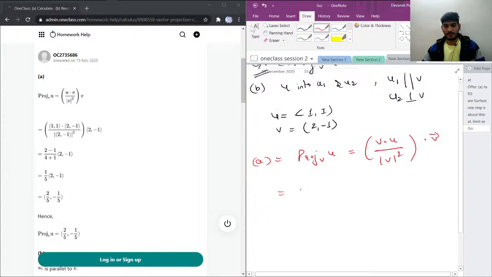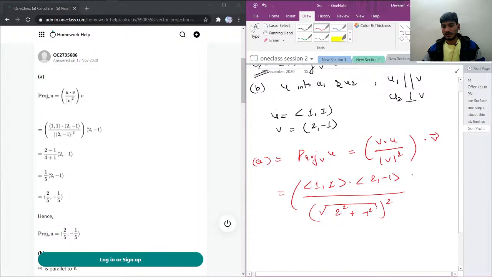So here we'll have 1 comma 1 dot 2 comma negative 1 over the magnitude of v, which is the square root of 2 squared plus negative 1 squared, and we'll take the whole square, times 2 comma negative 1.